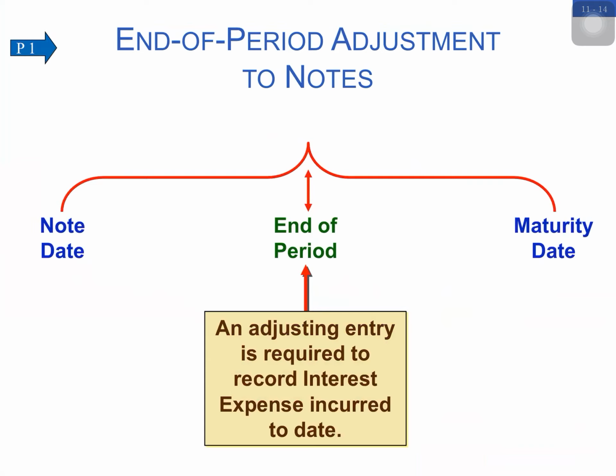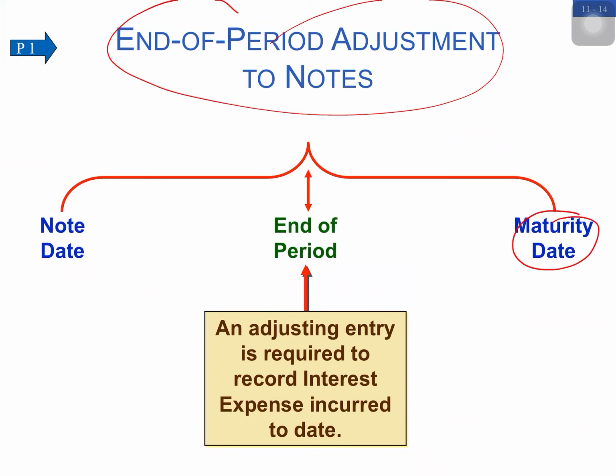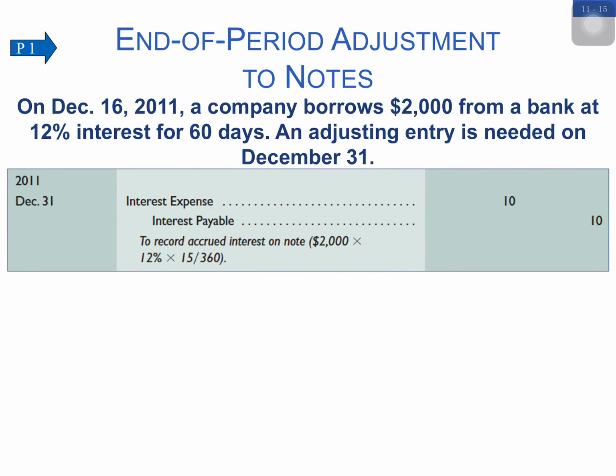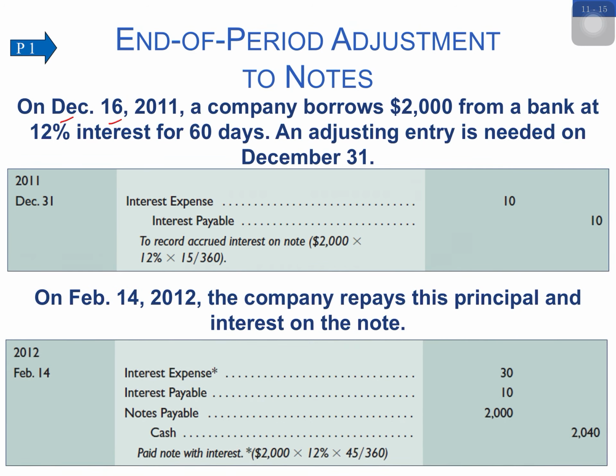Sometimes you need to make an adjustment at the end of the period if the maturity date is beyond the end of the period. That's an example. On December 16, 2011, a company borrows $2,000 from a bank at 12% interest for 60 days. An adjusting entry is needed on December 31st.